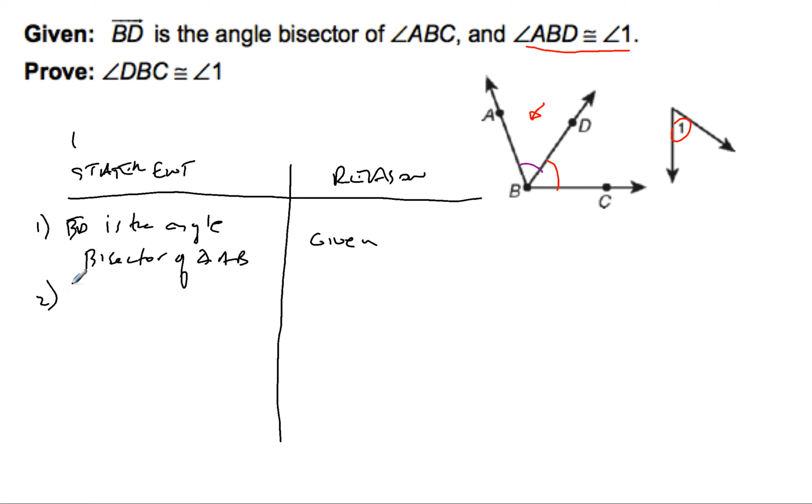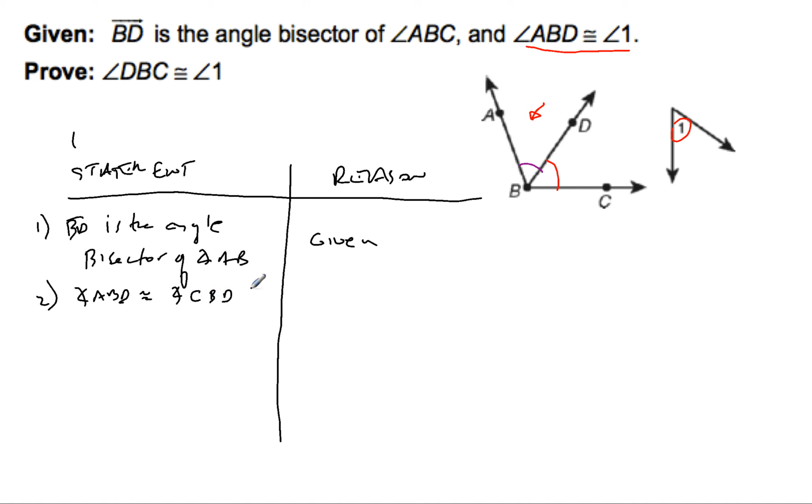Well, what do I know because of that? I don't want to immediately write down ABD is congruent to angle 1. I want to jump off this statement saying that BD is angle bisector of ABC. That would mean that angle ABD and angle CBD are congruent. So let me say now that angle ABD is congruent to angle CBD.